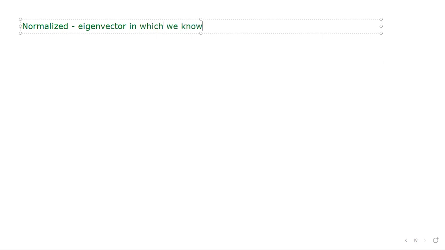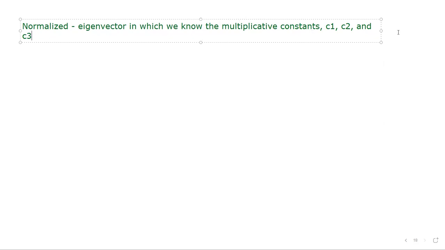And when we talk about something being normalized, it's going to be an eigenvector which we know multiplicative constants C1, C2, and C3.